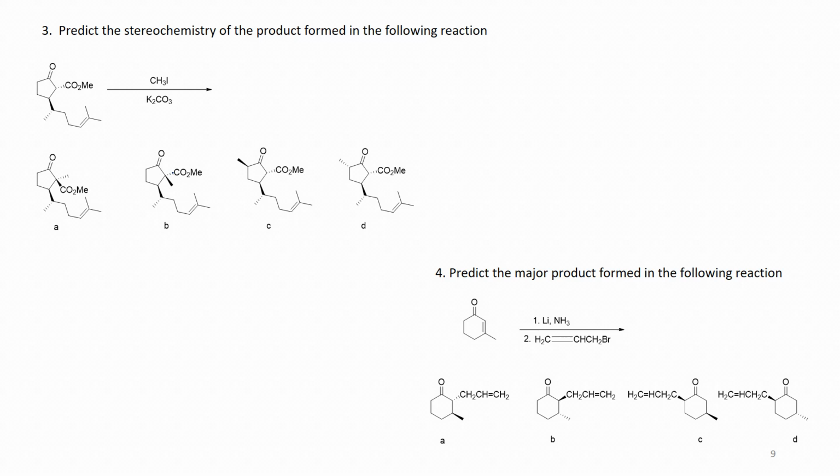As I was discussing when I was discussing the enolate chemistry, whenever there is an auxiliary group and the below of the plane is occupied, the electrophile will come from above the plane. I hope you got that idea. So try to apply this in this case also. So just give it a try. I will solve it after 1 minute. You can try both of them, 3 and 4, because both are similar type.